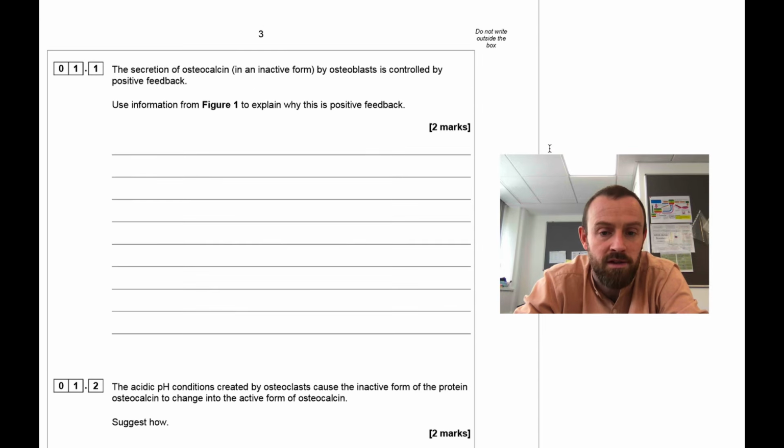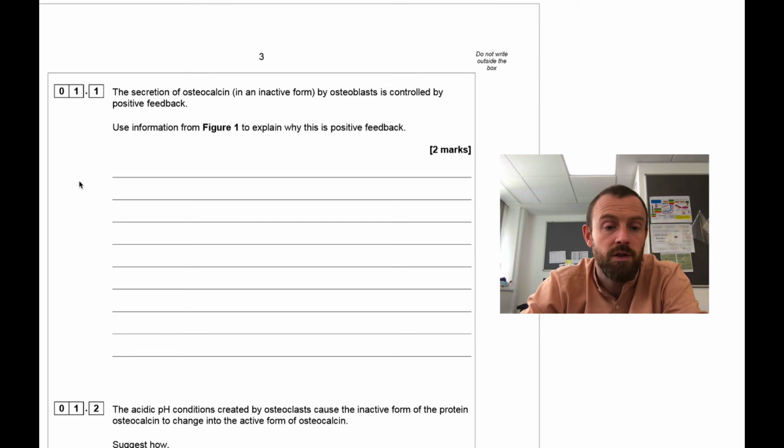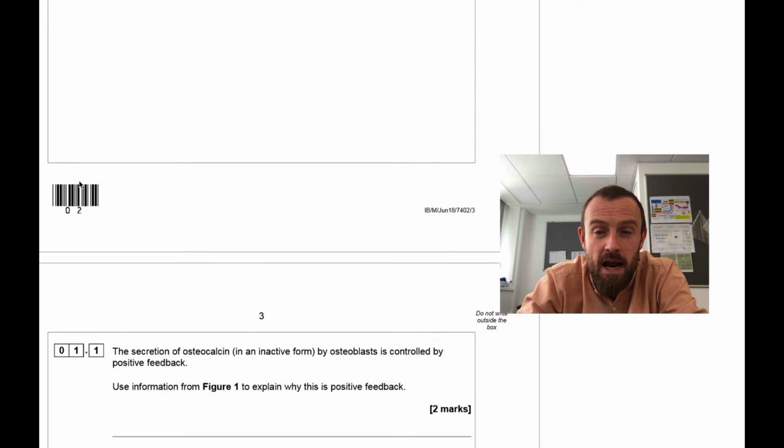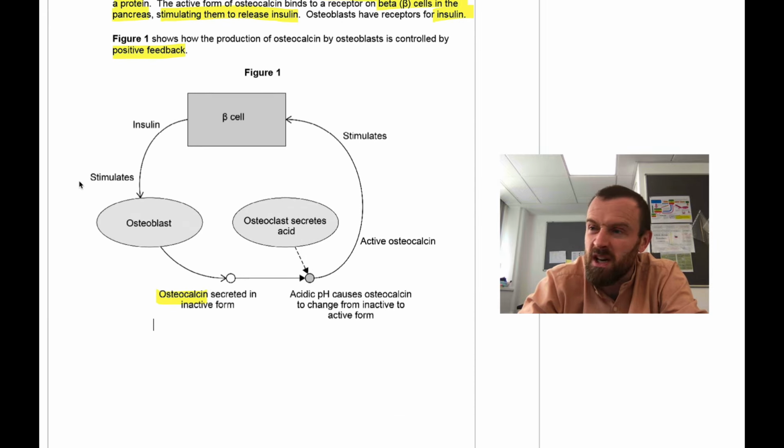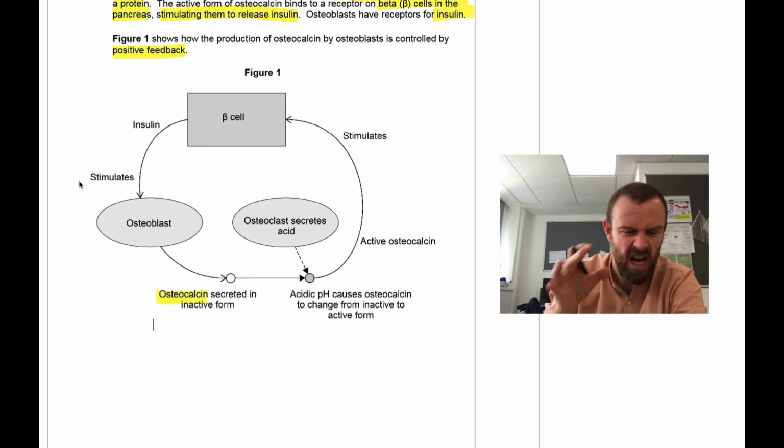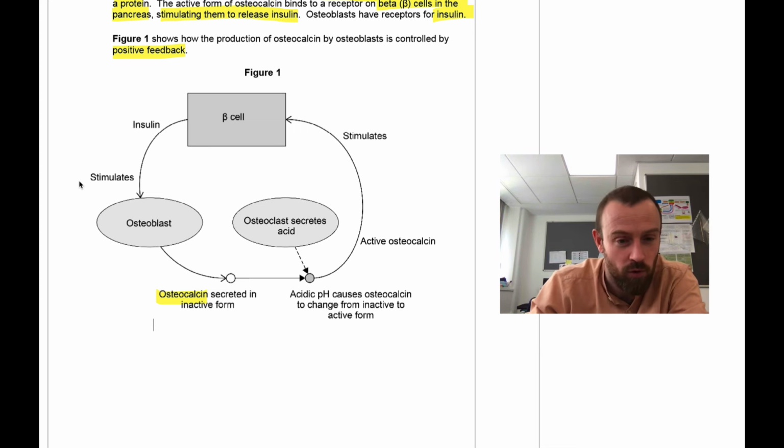Secretion of osteocalcin by osteoblasts is controlled by positive feedback. Use information from figure 1 to explain why this is positive feedback. Okay, so positive feedback is where an initial release of something or initial change causes more of a change, but I think that's a little bit general, so we want to maybe describe the feedback loop.